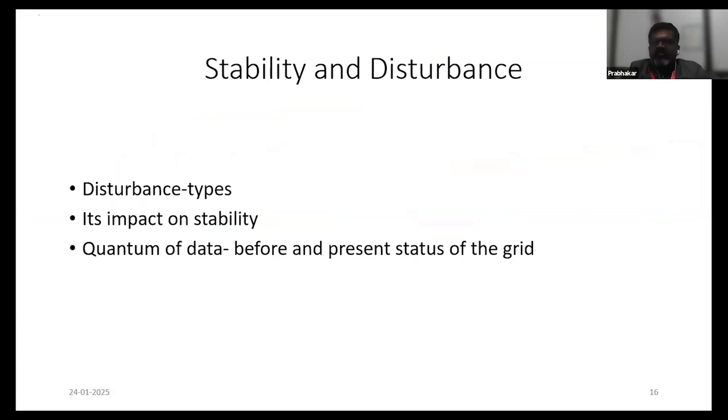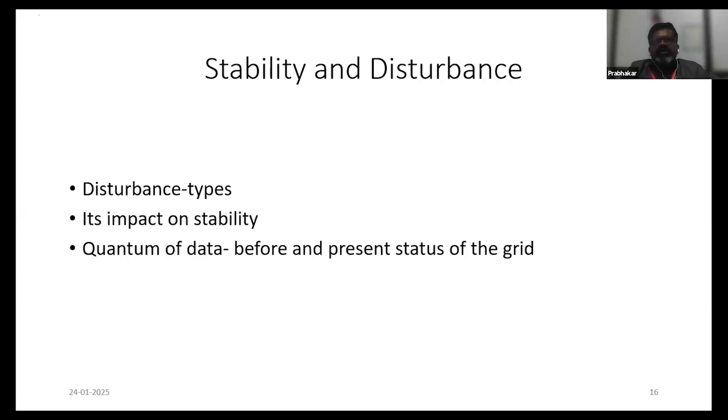But even a sudden increase in load or a sudden increase in the system can be considered a disturbance, because it purely depends upon the size of the system and the response of the system, and that impacts the stability of the system immediately.